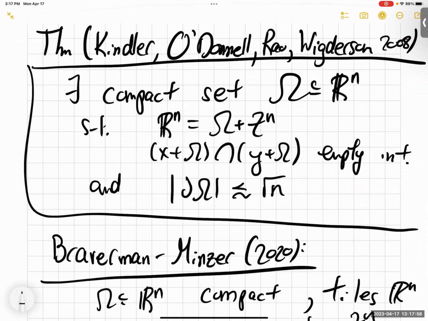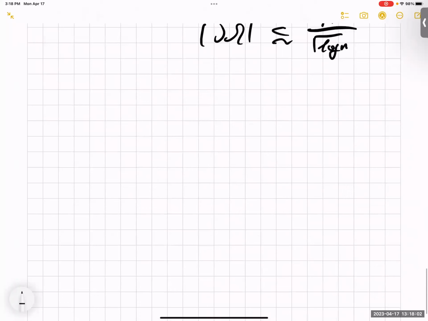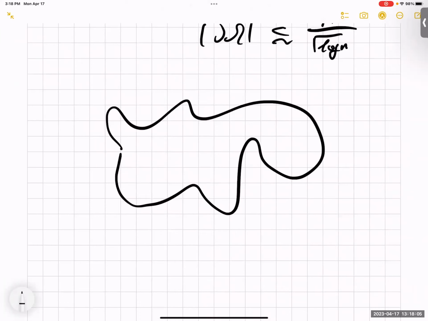My initial intuition would be yes, right? Because if a set has small surface area and the shifts tile R^n, then of course the surface area of a convex set is only bigger. So there should also be a convex set with this property.